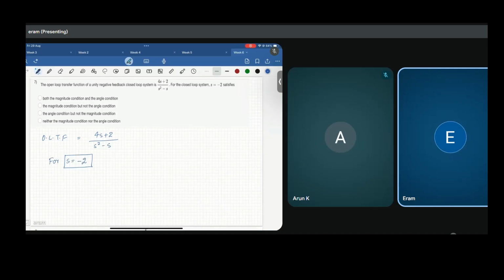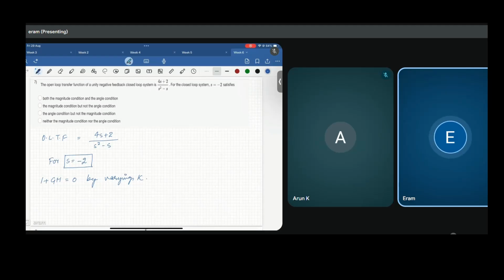So before solving this question, we must know what is meant by magnitude condition and angle condition. For root locus, we are basically plotting the closed loop poles of a system by varying the gain k.